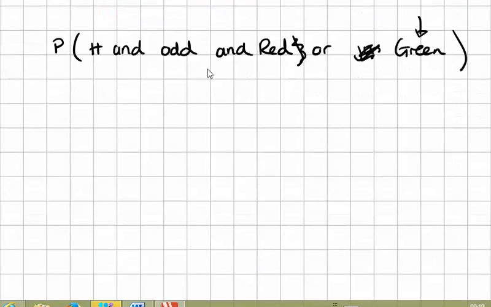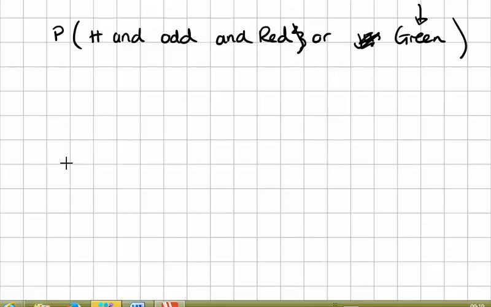So we've got to adjust this tree diagram a little bit. Head and tail. The next one would be odd and even. What has to come next though?